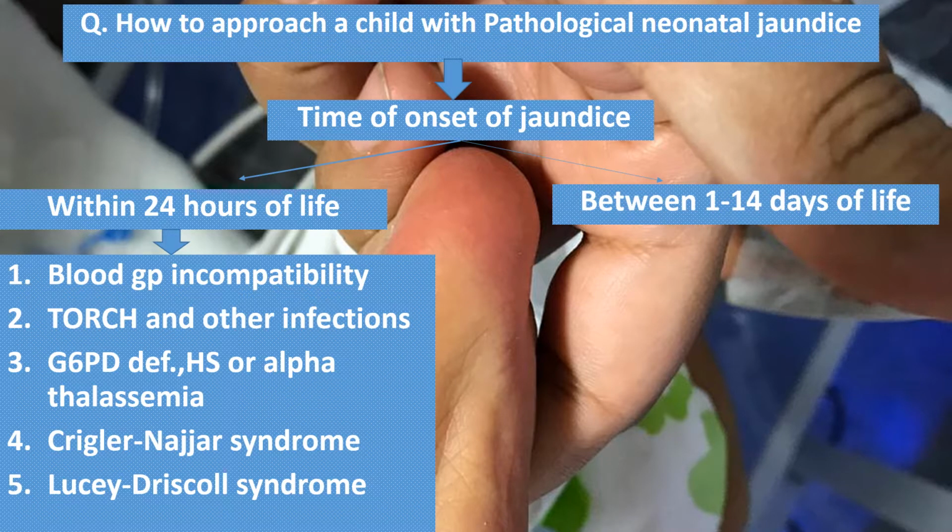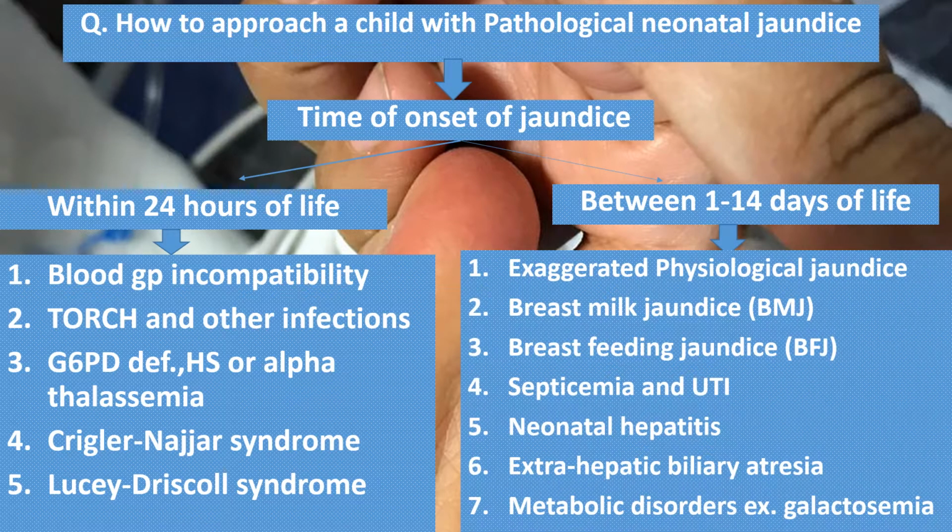And if the jaundice is present between 1 to 14 days of life and you suspect that it is pathological jaundice, then it can be exaggerated physiological jaundice, or breast milk jaundice or breastfeeding jaundice, or it can be due to sepsis and urinary tract infection, or sometimes it is neonatal cholestasis in which the direct bilirubin is more than 20% of the TSB, as seen in neonatal hepatitis and extrahepatic biliary atresia.